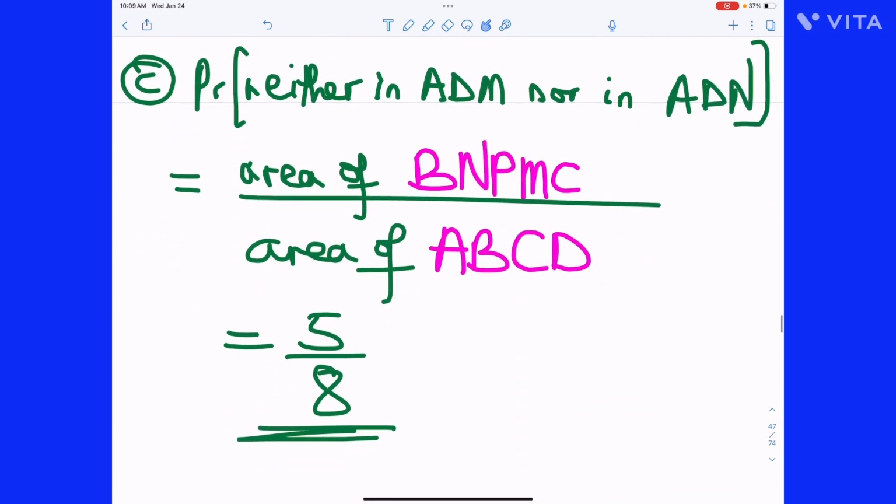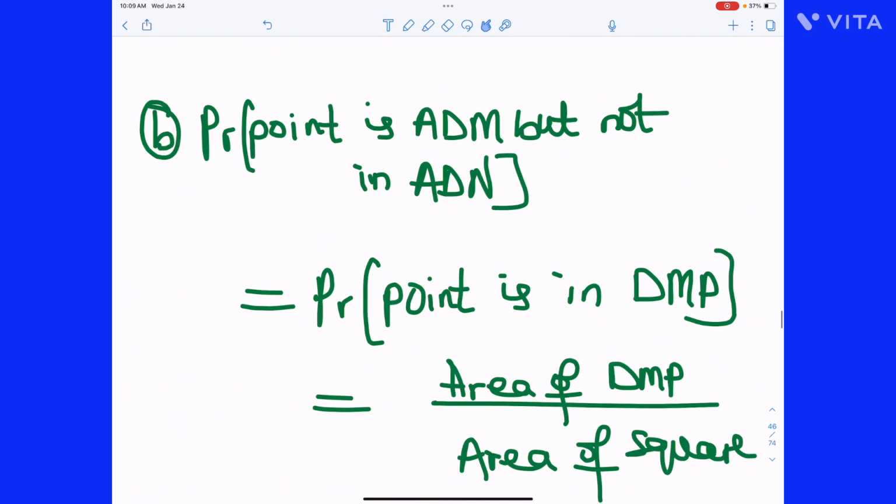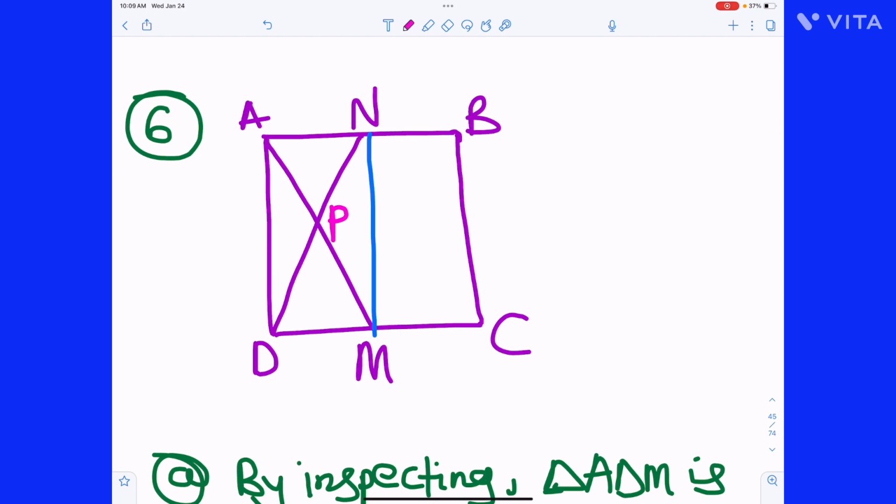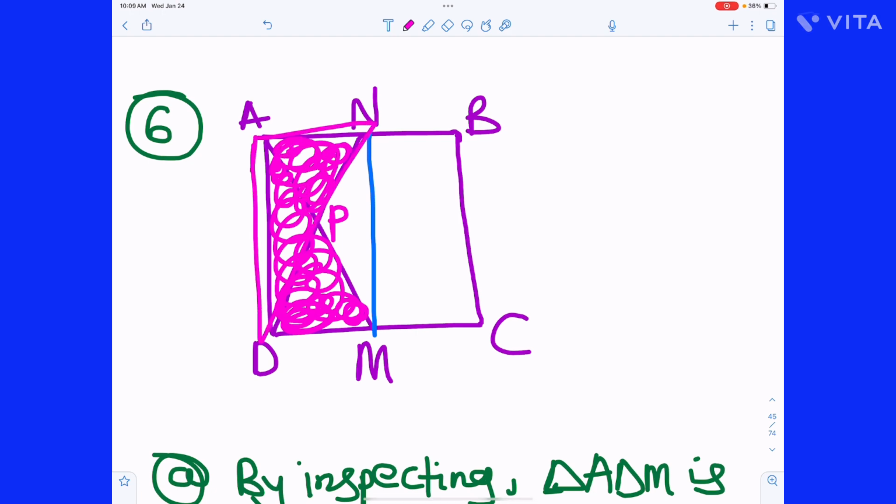Question C says, if a point is selected at random, find the probability that it is neither in ADM nor in ADN. Not in ADM, not in ADN. So that means we are looking for the probability that the point is not in ADM, which means it doesn't fall here, and it is also not in ADN. This is ADN.